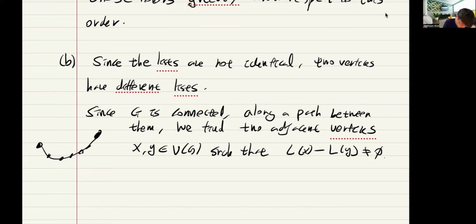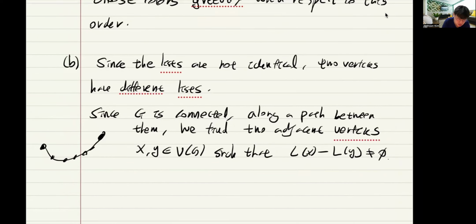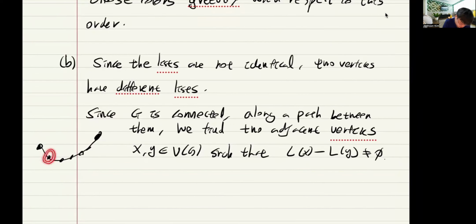Why? We know that this vertex and this vertex have different lists. And we see this vertex. We see whether this and this have the same list. If not, then this is your x, y. If they have the same list, then we take this path. So they have a different list. Now you check this vertex. If these two have different lists, then this is your x and y. Otherwise, you cut this out.